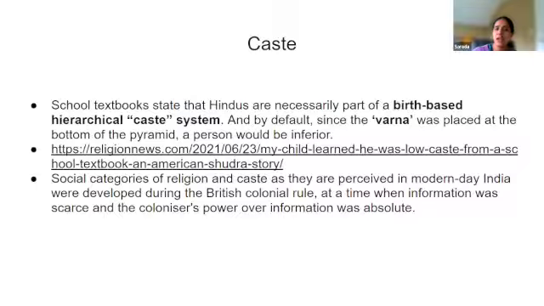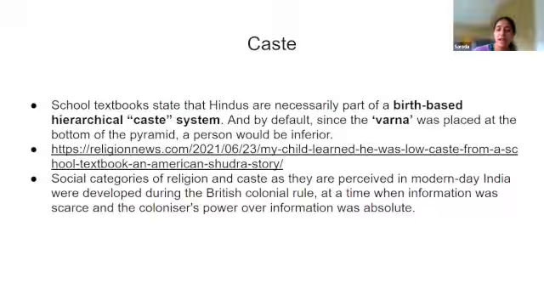So, social categories of religion and caste, as they were perceived in modern day India, were developed during the British colonial rule at a time when information was scarce and the colonizers' power was absolute.